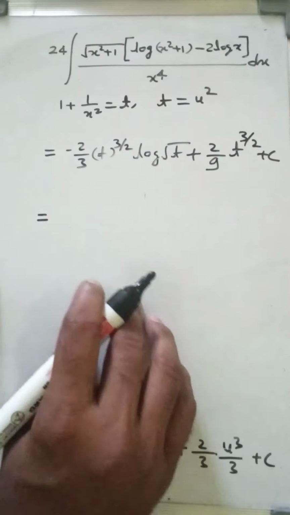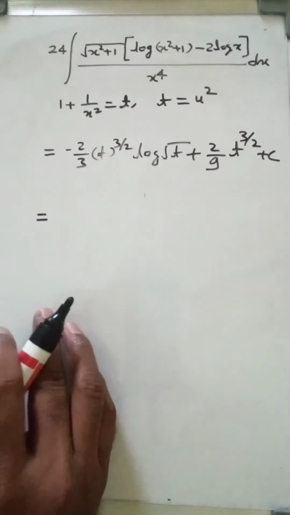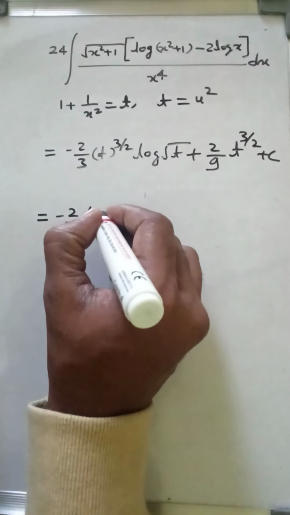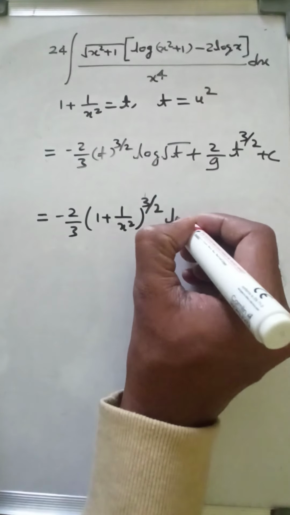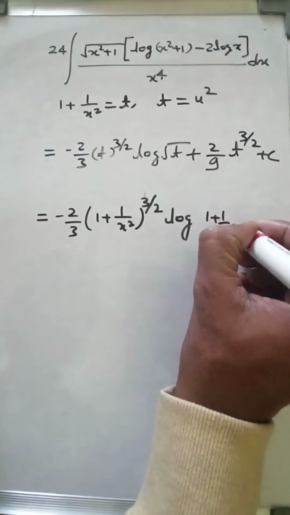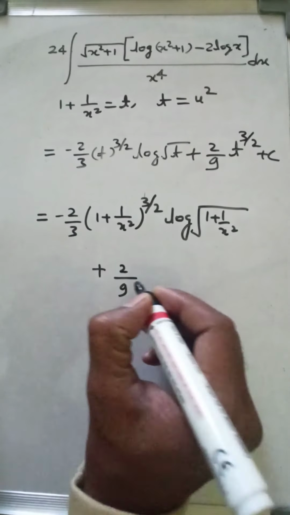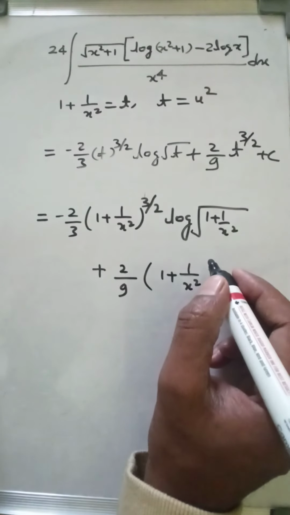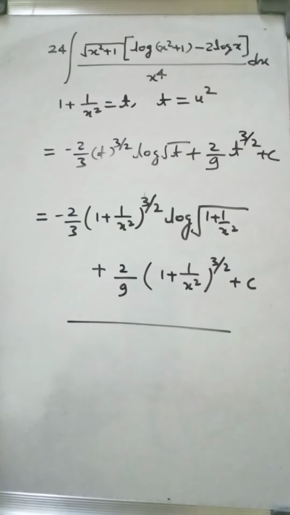Finally put the value of t, so t is 1 plus 1 by x square: minus 2 by 3, 1 plus 1 by x square to the power 3 by 2, log of root of 1 plus 1 by x square, plus 2 by 9, 1 plus 1 by x square to the power 3 by 2, plus c. So this is the final answer to this question.